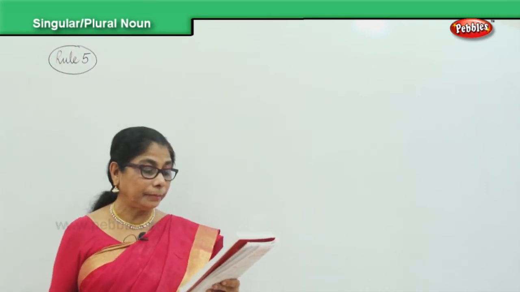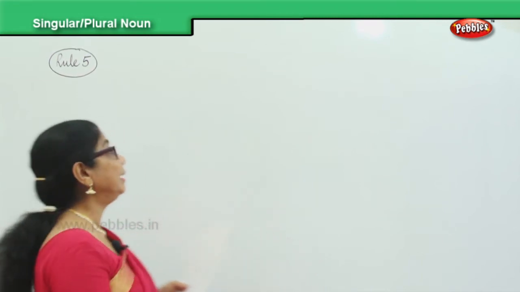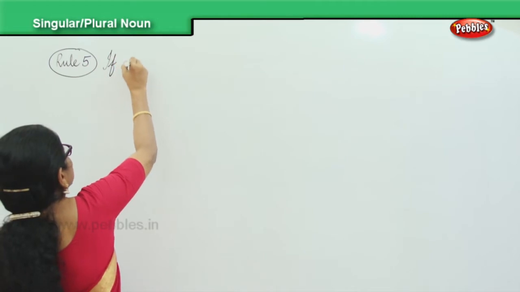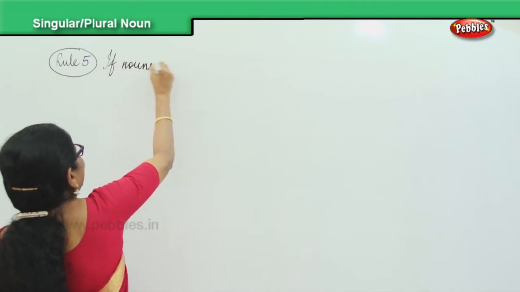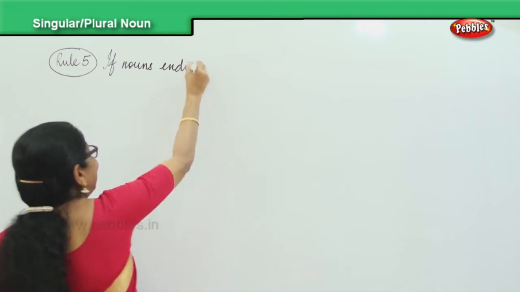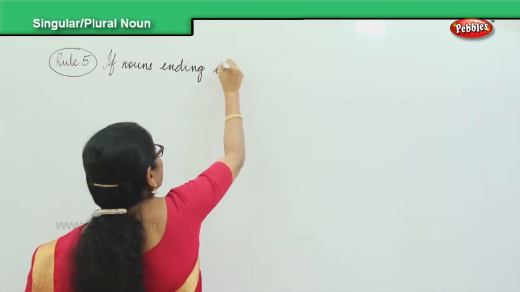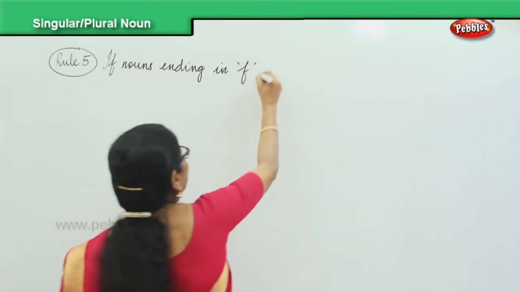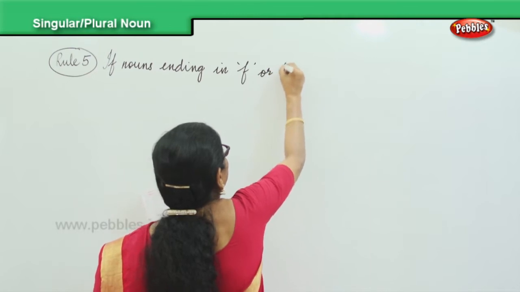Rule number 5. Nouns ending in F and FE. F or FE.